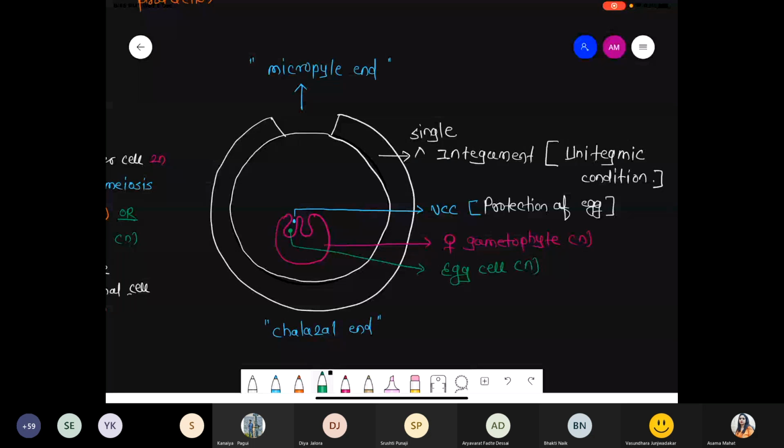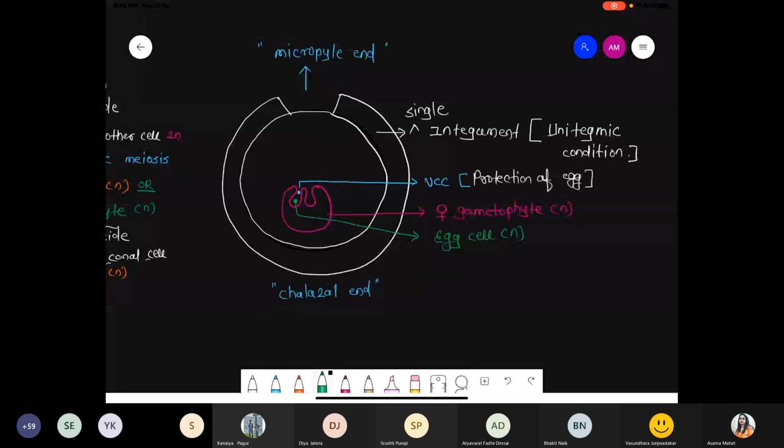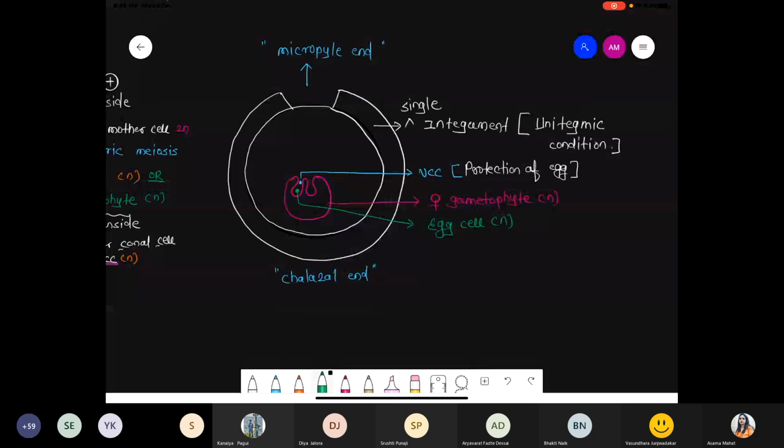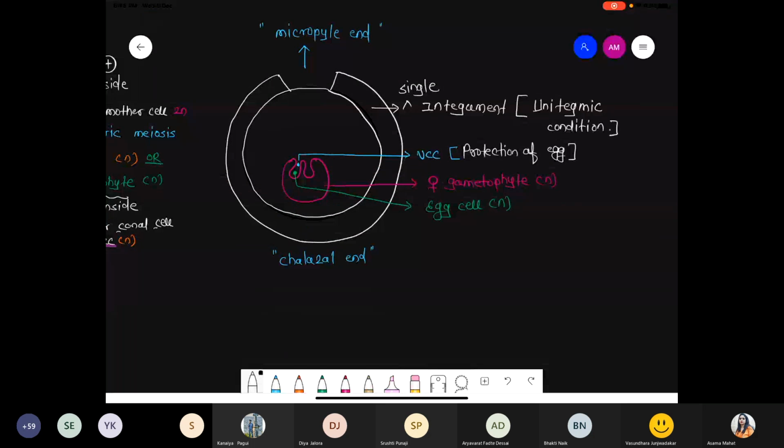Diagram का नाम दे रहे, figure name और diagram name. Erect ovule or orthotropous ovule.